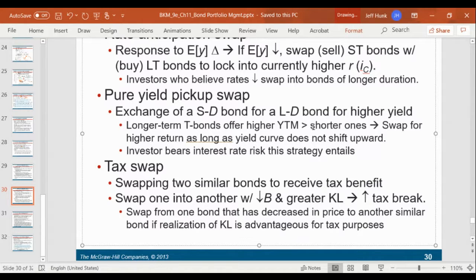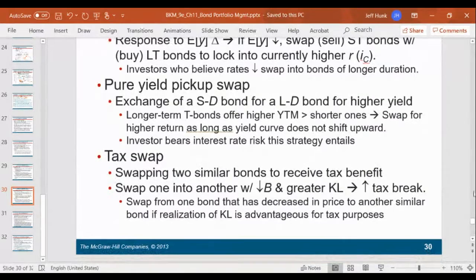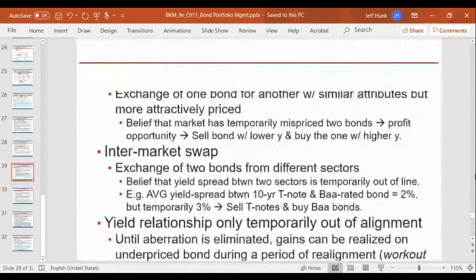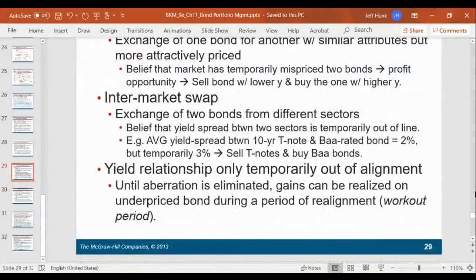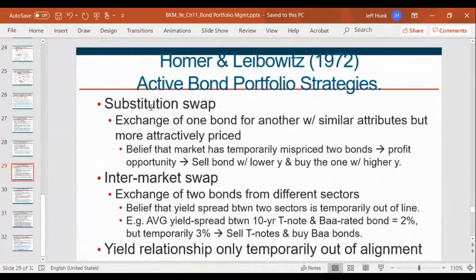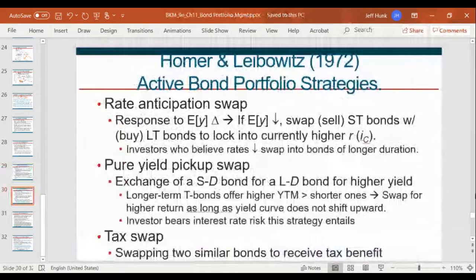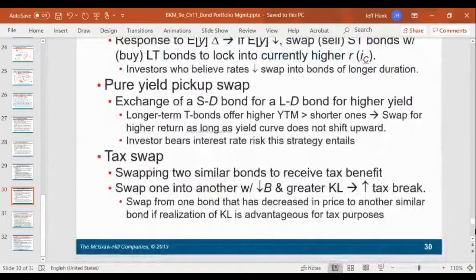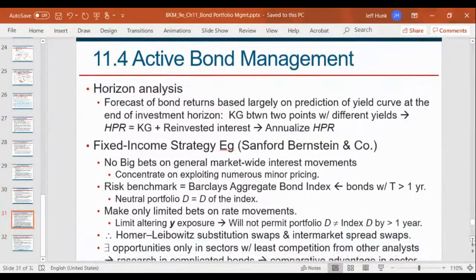It's a capital loss, so you want to write off taxes, right? Those are the types of swaps, and they are basically all substitution swaps. They are substituting.